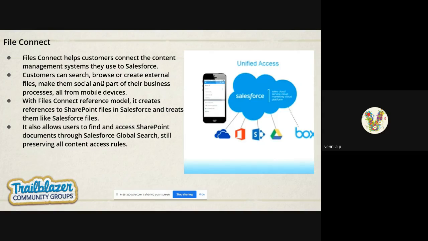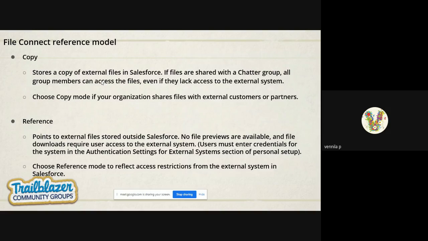And also here, if they use the reference model in Files Connect, the reference link will be created inside Salesforce, so they can access the files inside Salesforce without logging into SharePoint. In Files Connect, we have two kinds of options. One is copy and another one is reference.